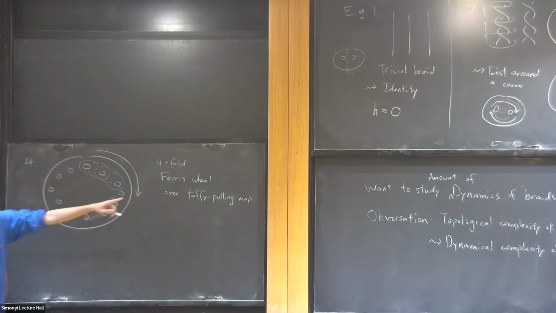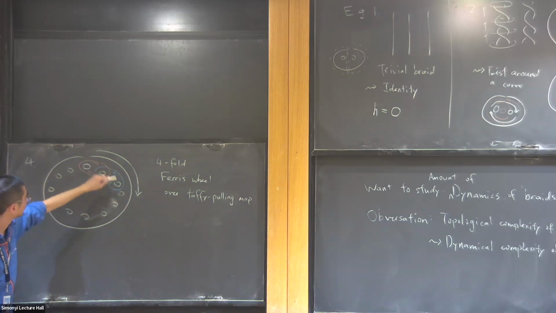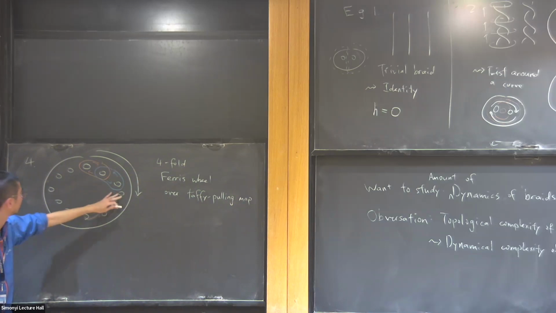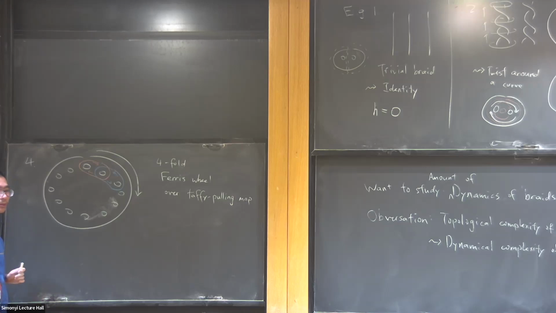And if you go through the definition of the topological entropy, it turns out that by doing your taffy pulling map in 1/4 of the surface and then rotating it elsewhere, where you don't do anything along the remaining 9 holes, you are sort of diluting the entropy by 4 times.